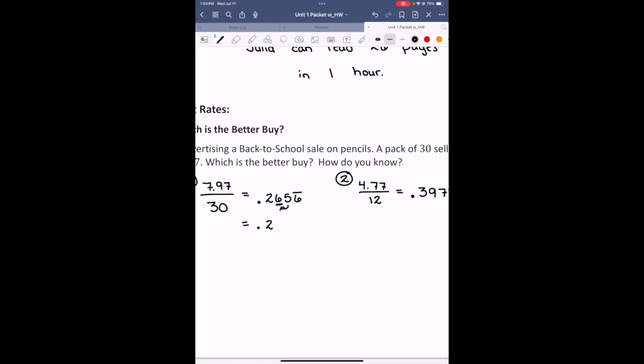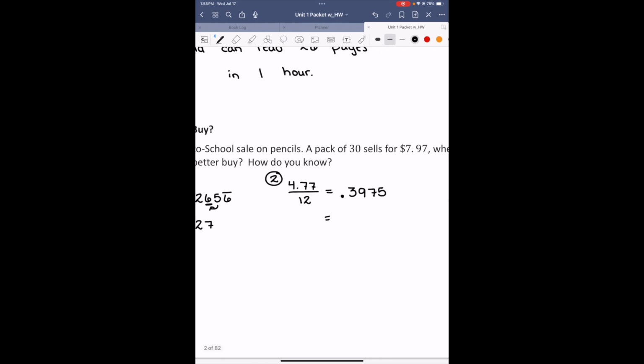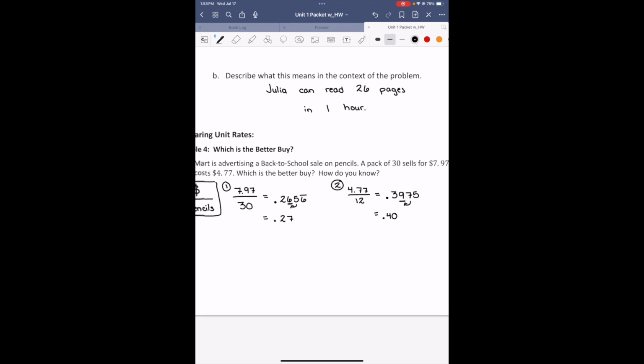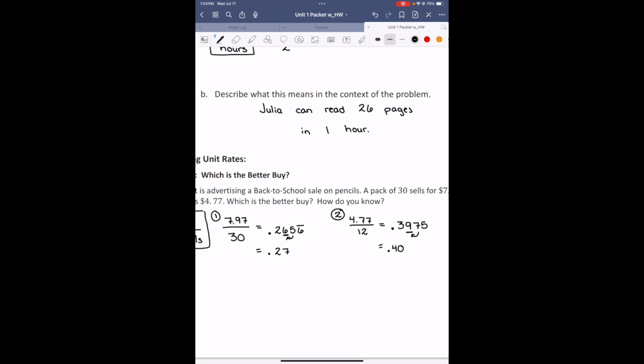My 5 tells me to bump it up, so this would be 0.27. If I look over here, my 9 is in my hundredths place. That would be my nearest cent. My 7 tells me to bump it up, so this would be 40 cents. So this is telling me that my 30 pack, it costs 27 cents for one pencil, but my 12 pack costs 40 cents for one pencil.